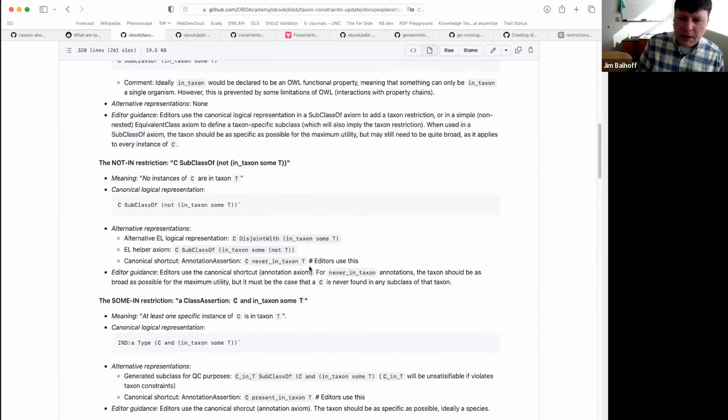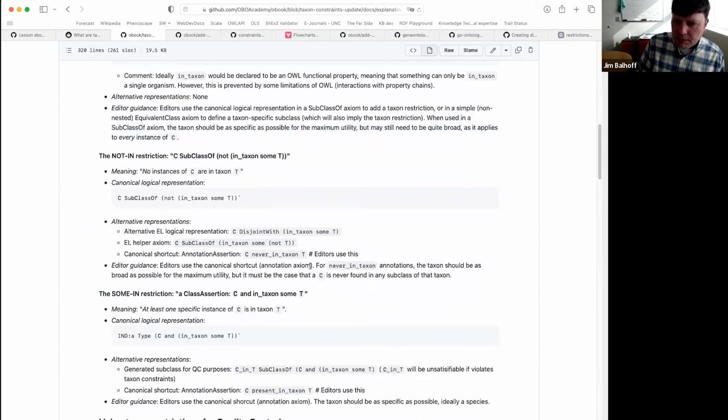Now for the never in ones, you're trying to go the other way. You want to make it as broad as possible. If you know that some process never occurs in brewer's yeast, you could add that. But if you also know that it's never in fungi at all, then it would be better to add that. So make the never in ones as broad as you can.